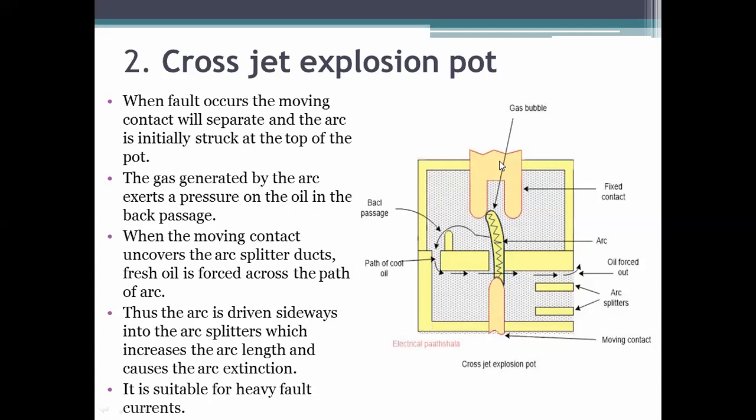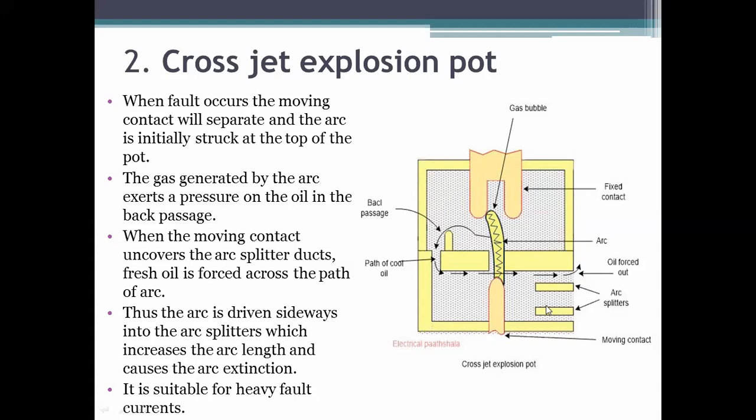Now this is the back passage, and this is the path of the oil cooling. This pot is filled with oil, and this is the arc developed between these two contacts when we are separating the two contacts.